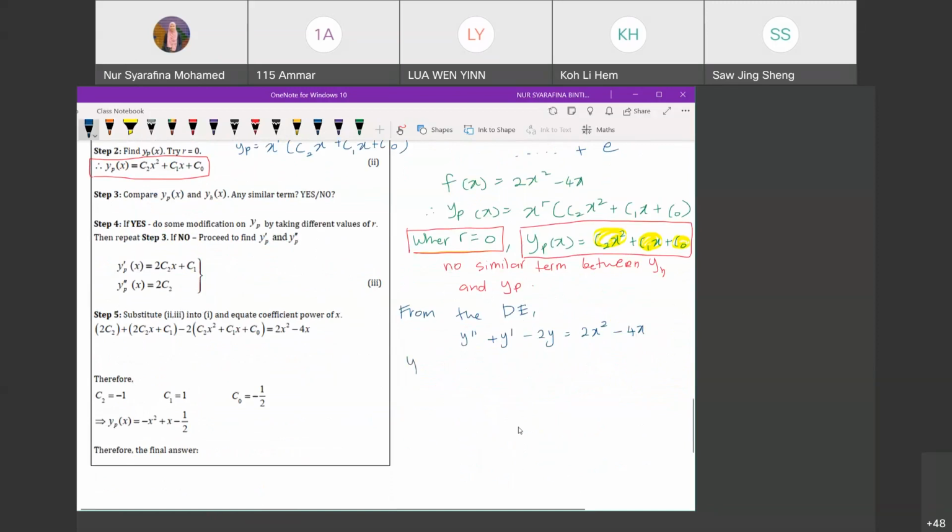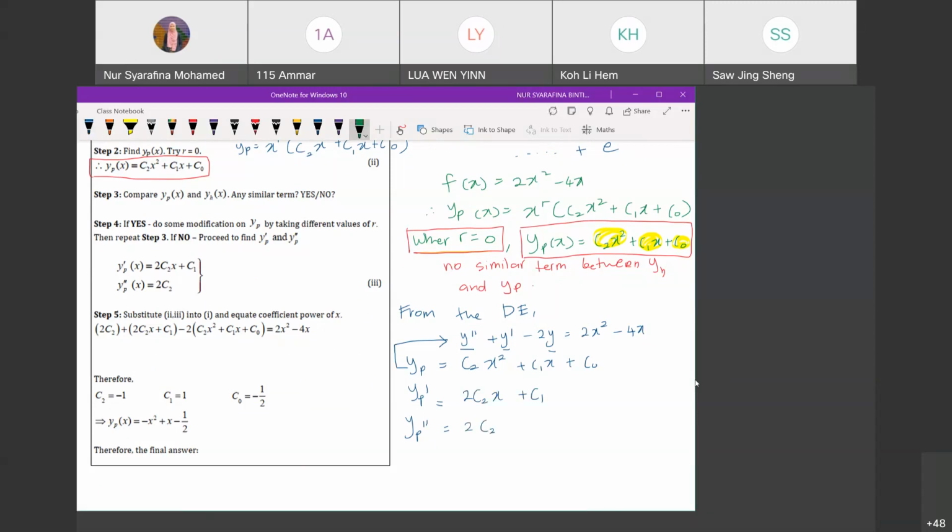And you have your yp equals c2x squared plus c1x plus c0. So you have to merge with the differential equation here, where you need to have y, y prime, and y double prime. So what is your yp prime? What is your yp double prime? Your yp prime here equals 2c2x plus c1. Yp double prime here is 2c2.